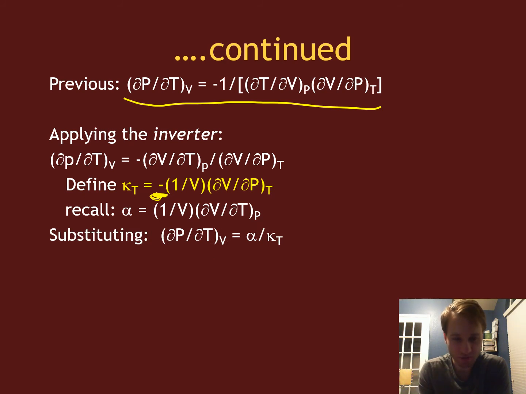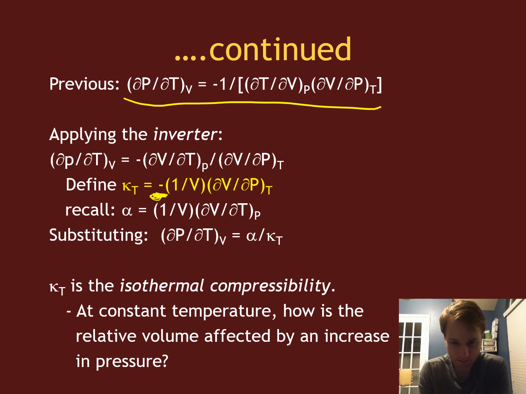So using those relationships, we find that del P del T under constant volume is just equal to alpha divided by kappa sub T. And again, kappa sub T is that definition of isothermal compressibility.